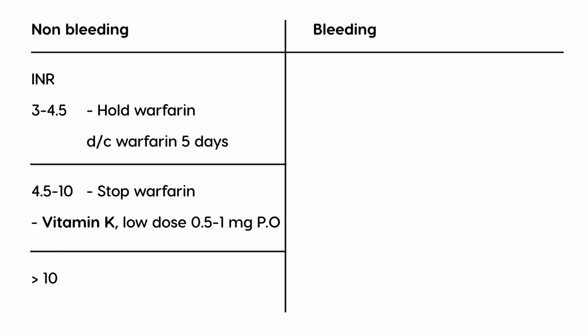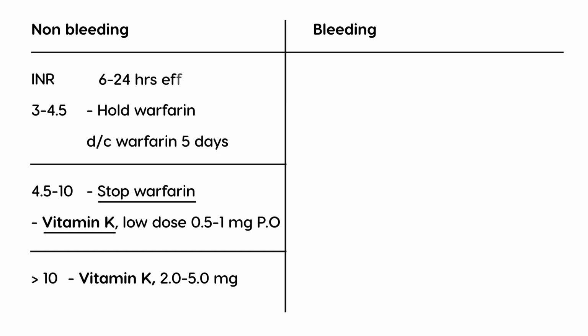Of course, you stop the warfarin just like the previous case, but here you give a higher dose of vitamin K, usually 2.0 to 5.0 milligrams. Now keep in mind though, that this vitamin K doesn't work immediately. It takes about 6 to 24 hours for this vitamin K to have effect. So this is something that is not immediate in terms of its reversal.